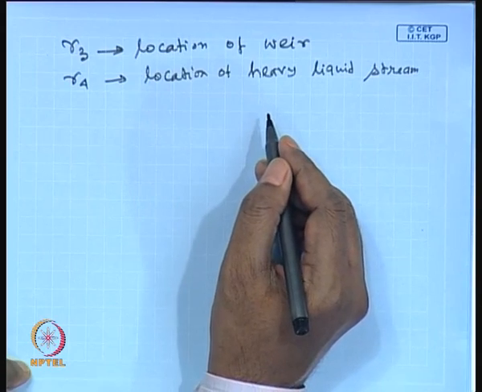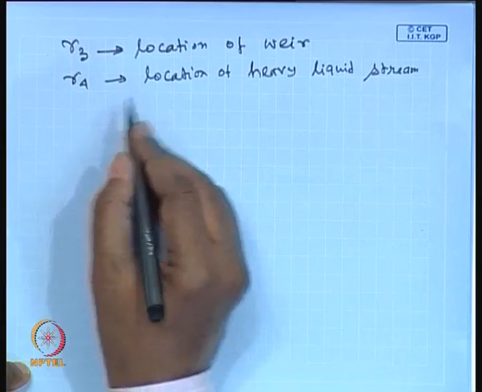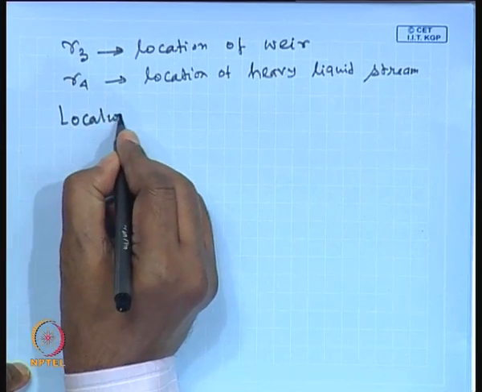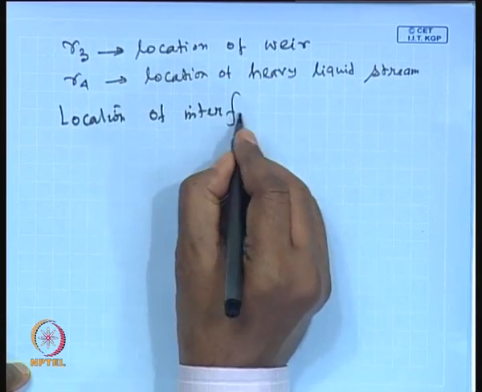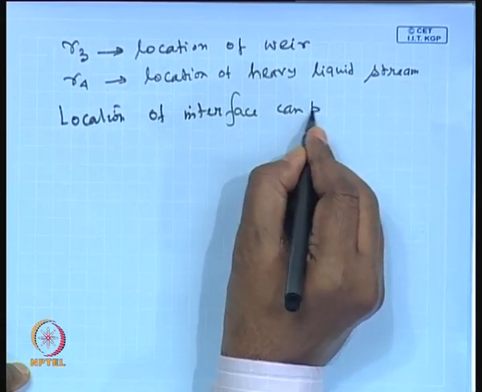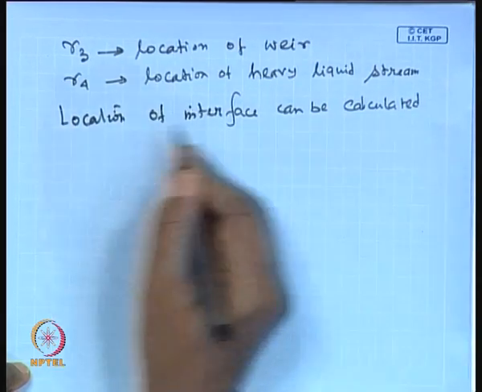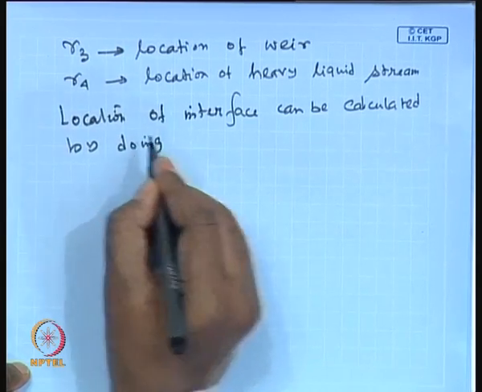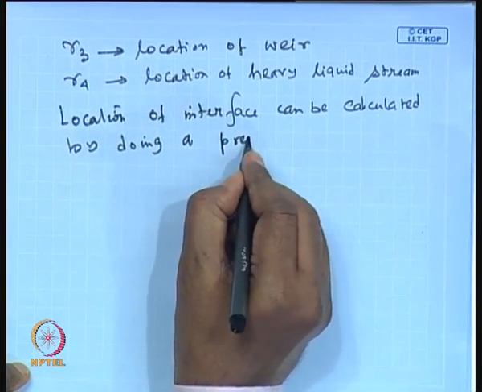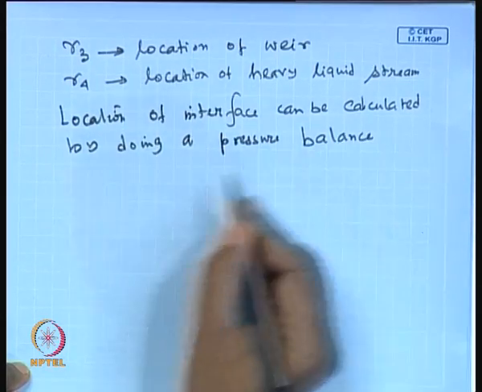So, the location of interface can be calculated by a balance of pressure in the two layers. So, let us say the location of interface can be calculated by doing a pressure balance between two layers.